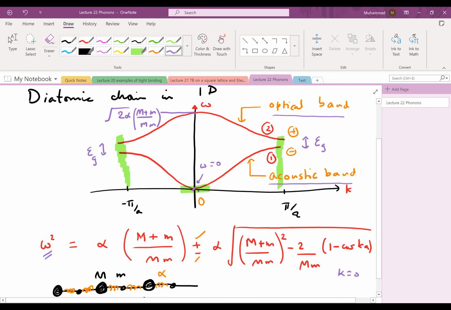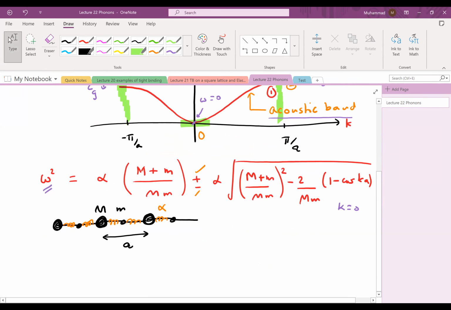So when k is small, this term cosine ka can be approximated by 1 minus k square a square over 2. And so let's see what comes out here.